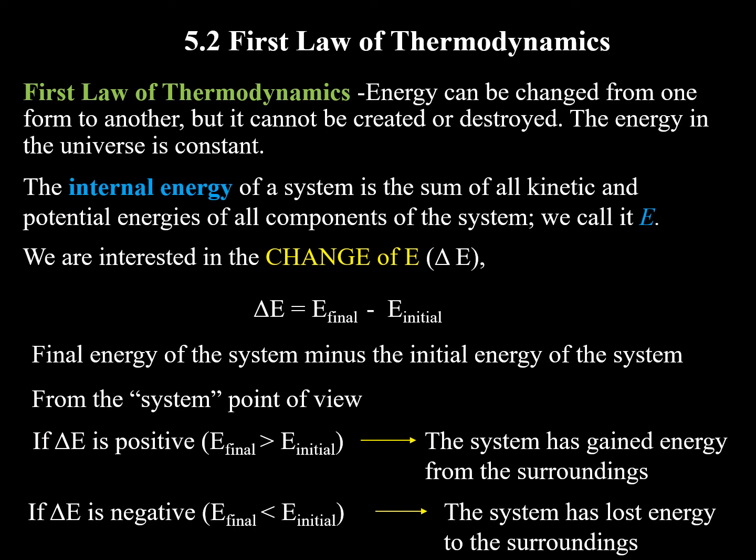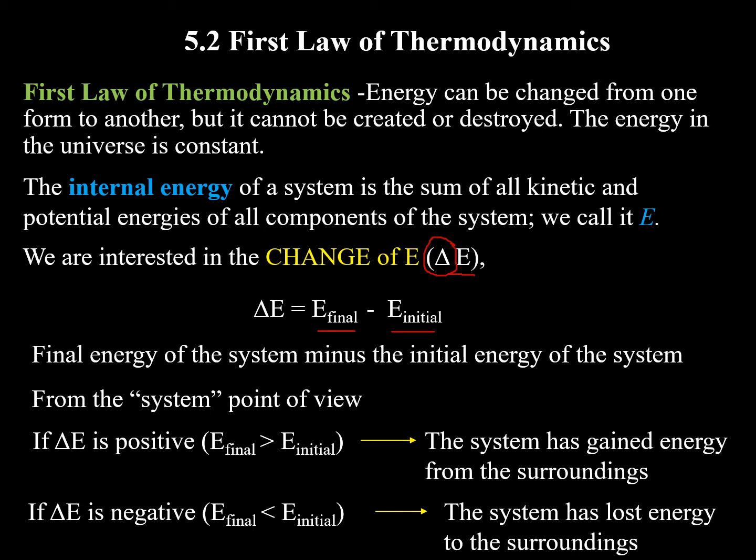The first law of thermodynamics, which we will focus on in this class, says that energy can change from one form to another, but cannot be created or destroyed. We use the symbol E for internal energy. And the triangle here means change of. So we can say delta E equals E final minus E initial, and we'll talk about this later in the chapter.